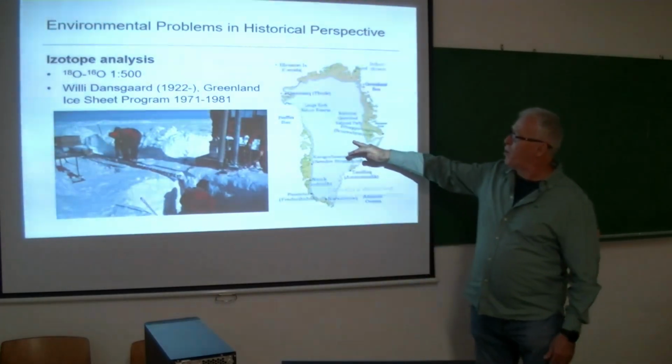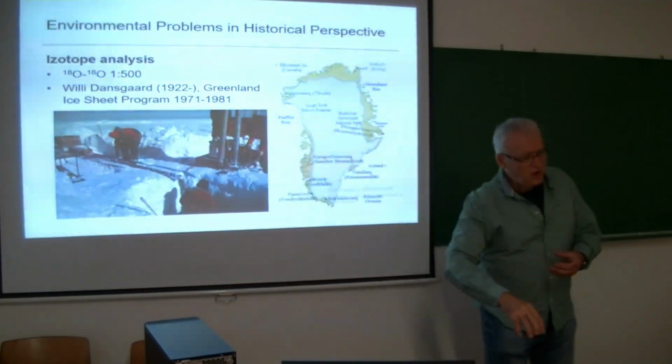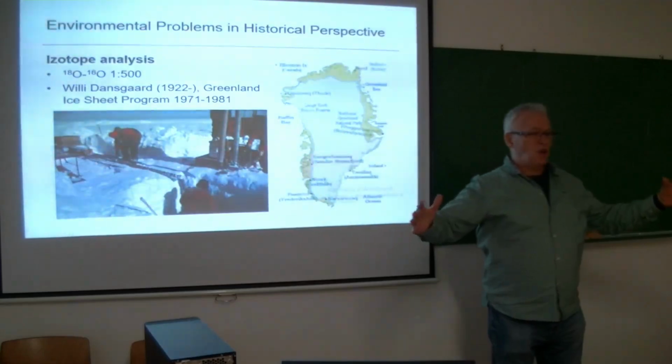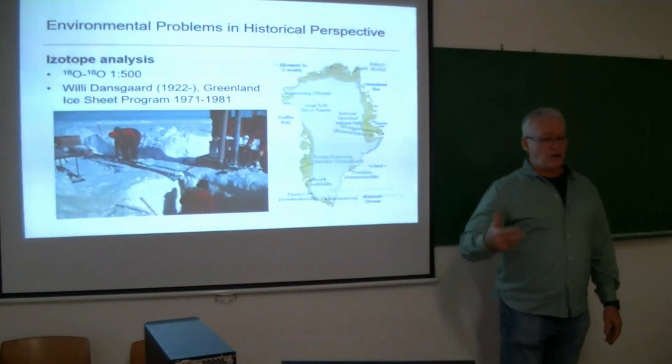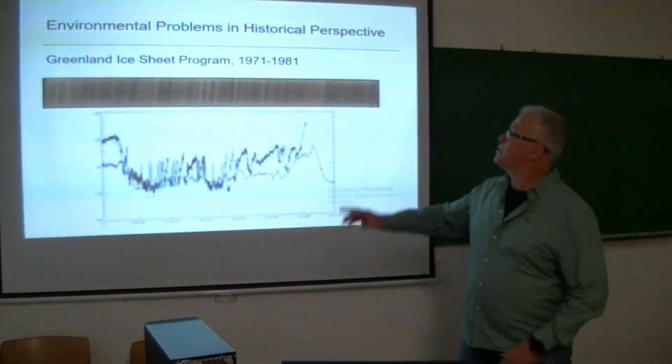Therefore, for example, in the ice cover of Greenland, they drill and take a sample from the huge ice cover, the continental glacier, and reconstruct more than 1,000 years. This is the sample.